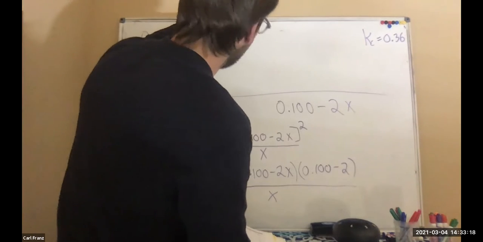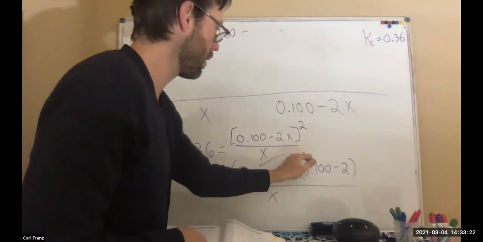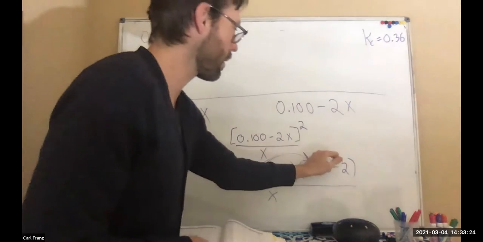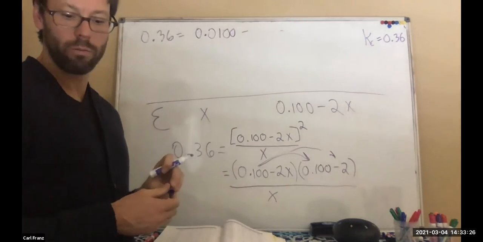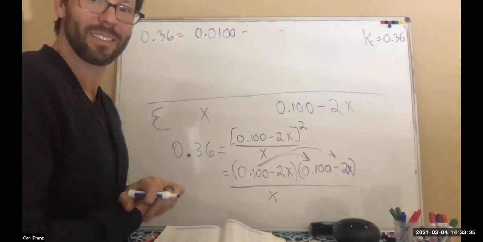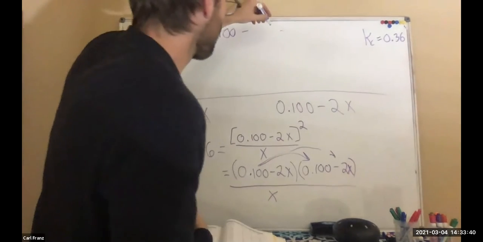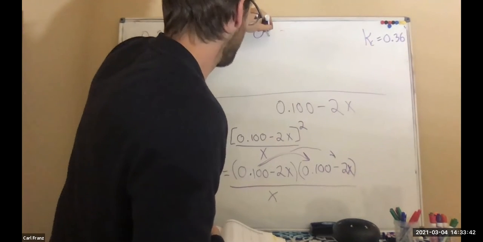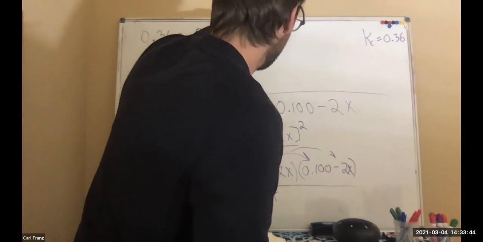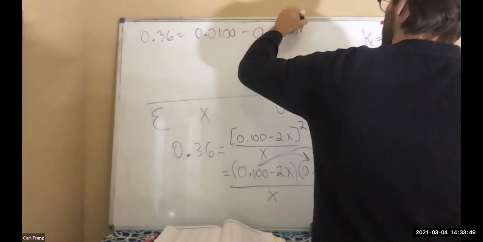Minus 0.1, right? Then times -2. I think that should be -2x on the second one. Oh, sorry. Thank you. So what's that going to be? 0.2x.